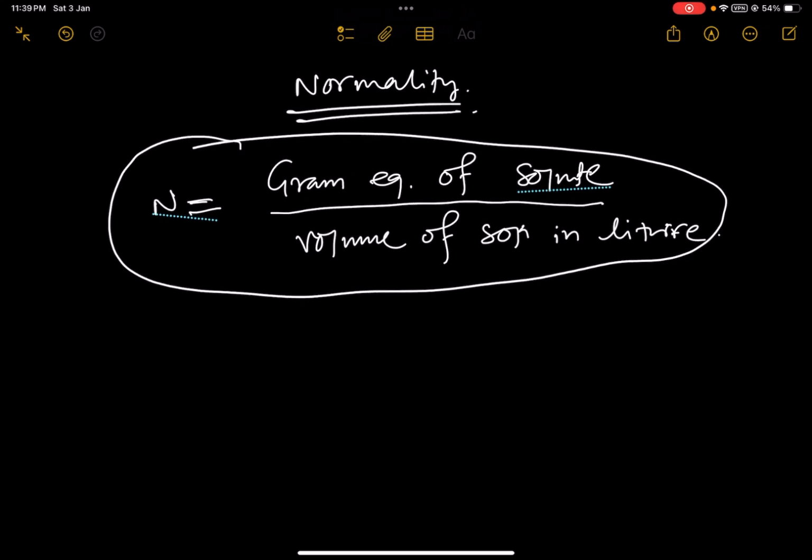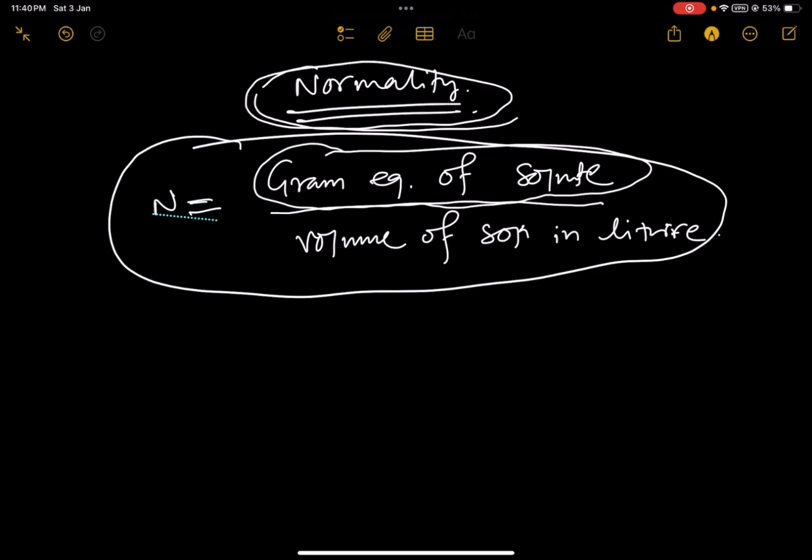Okay, so let's talk about what is gram equivalent of solute. I'll be coming to the point of what exactly normality means. For understanding that, we have to know what is gram equivalent of solute.